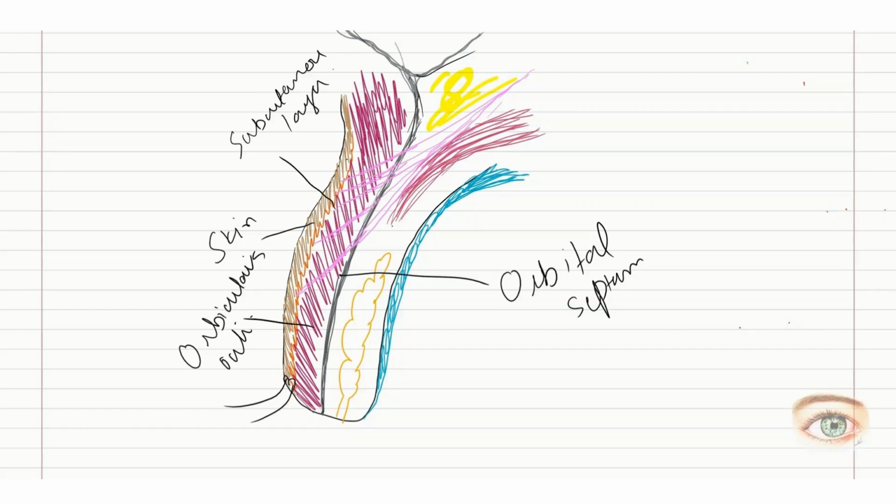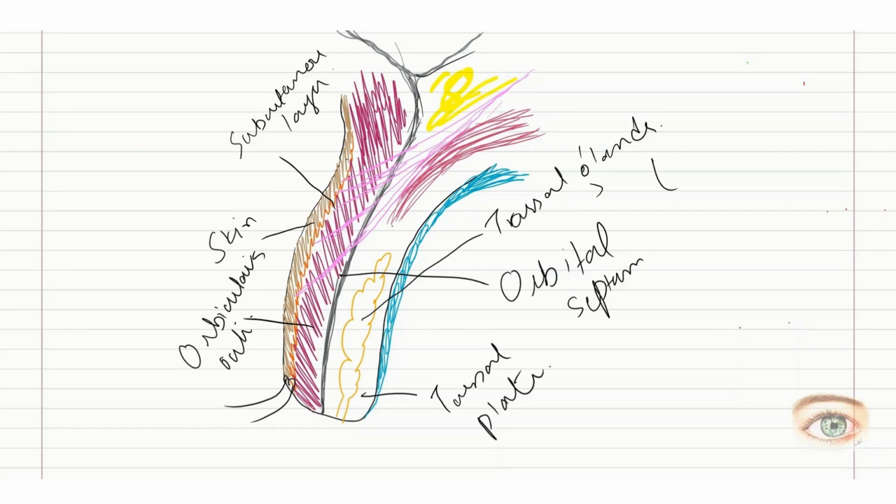Now, this is the tarsal plate. And in this tarsal plate, we have these tarsal glands. So what are these tarsal glands doing? They are producing sebum. These are also called the meibomian glands.